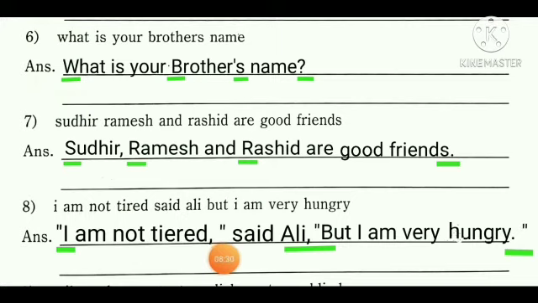Then a comma, and the double inverted comma completes. Ali is A capital, comma, double inverted comma starts, but B capital, then at the end a full stop and the double inverted comma completes. That is the exact punctuation we have used. In this sentence there are more punctuation marks.